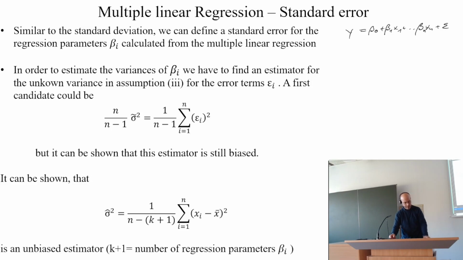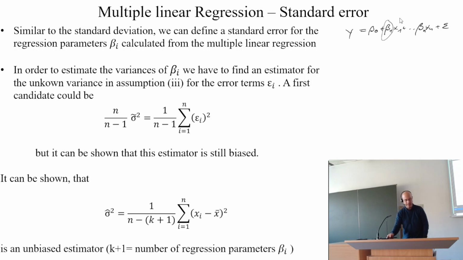So now we want to ask, what would be good estimators for our parameters, and what would be good estimators for the dispersion of our data around our theoretical model.